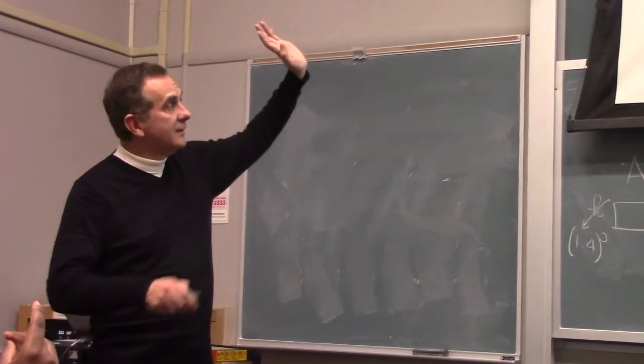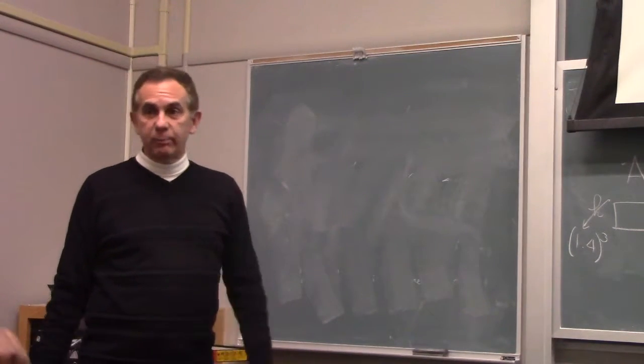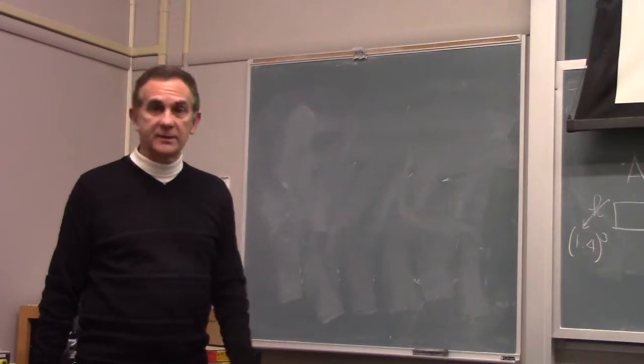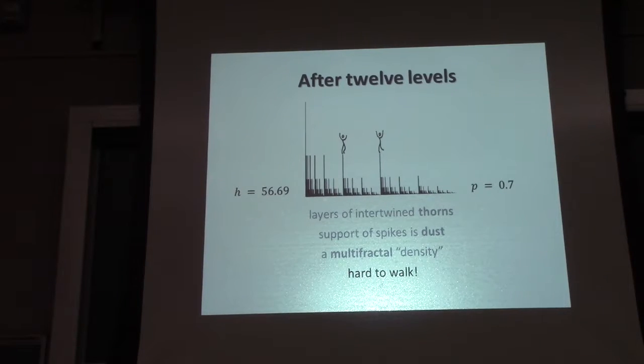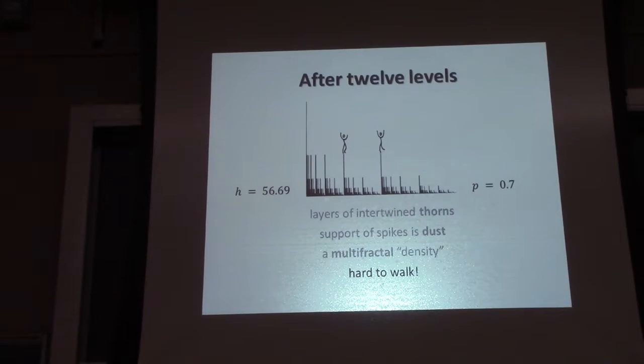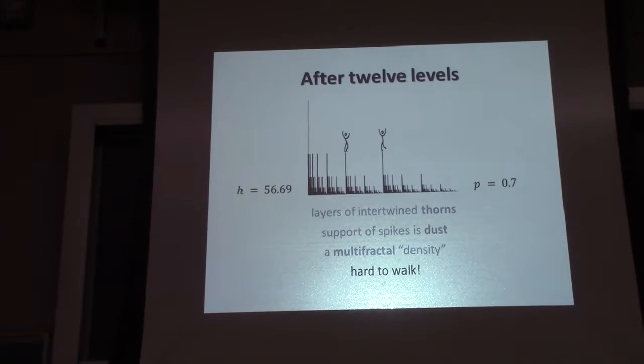To summarize, if I were to place myself on top of these thorns, immediately I'm going to realize that this is a very hard to walk object. By the way, this could be done much quicker without interacting. But I prefer to do the interaction so that we are together and you understand what is going on. By the way, this is done 12 times. What am I going to do?